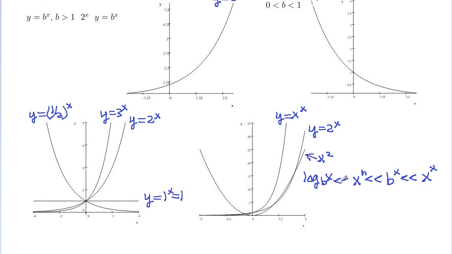And log base b of x is just the inverse of this one, b to the x. So they're reflections over y equals x. And this is an actual notation. It means much less than.